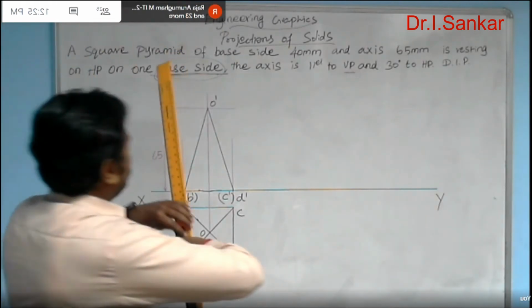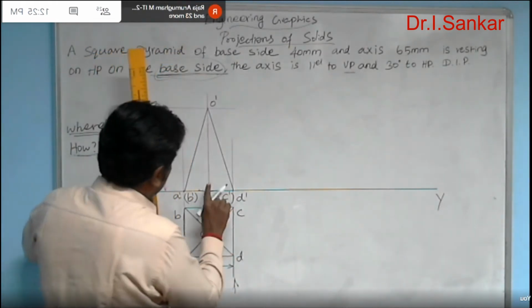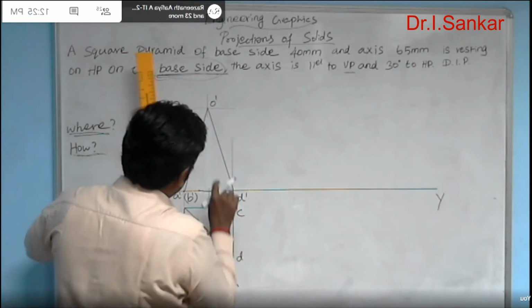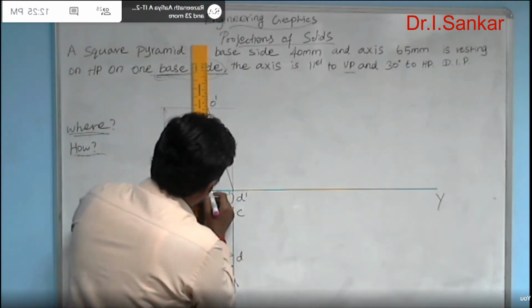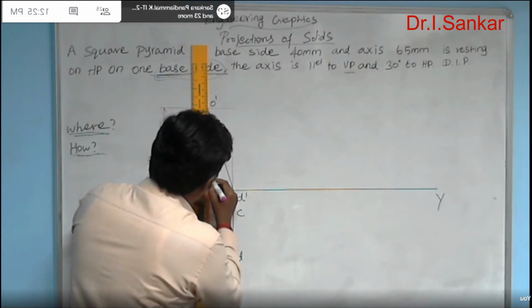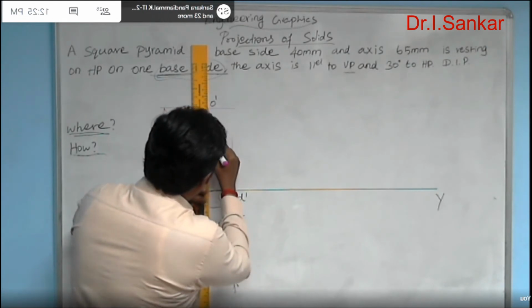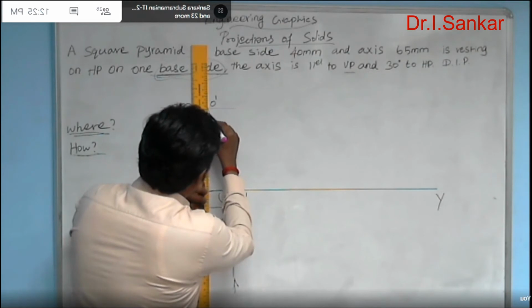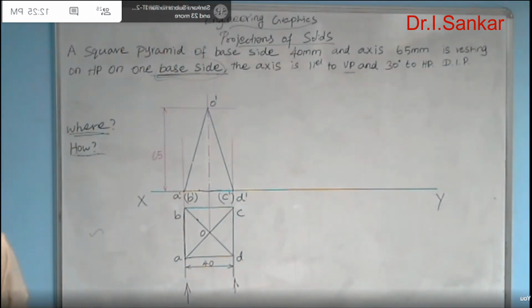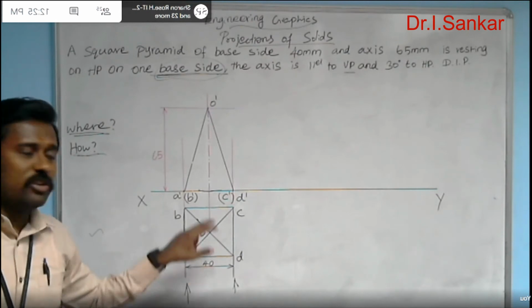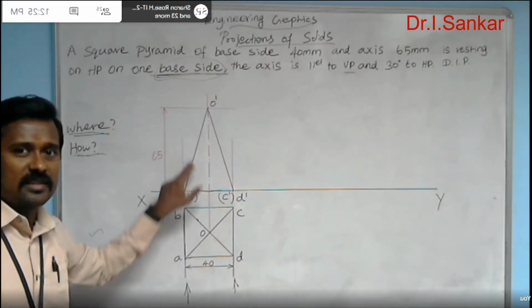A dashed dotted line is nothing but the axis. So in that line format you can draw the axis here.